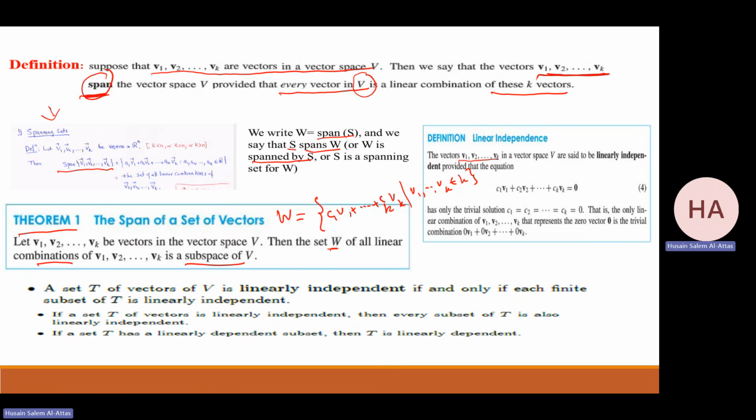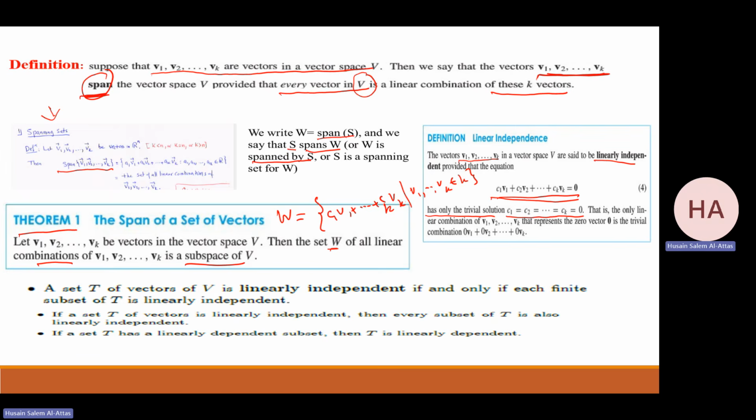Now they define the meaning of linear dependence. We did it before for R2, R3. Now we expand it for any Rn. It is linearly independent if the relation C1 V1 plus C2 V2 plus up to Ck Vk equals 0 has only the trivial solution. That can happen only if C1 equals C2 equals Ck equals 0. It means if we can find C1 up to Ck, at least one of them non-zero, then they are linearly dependent.